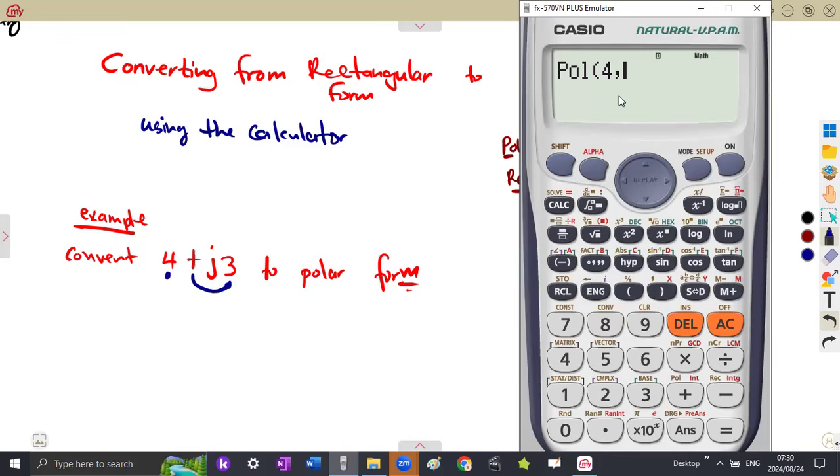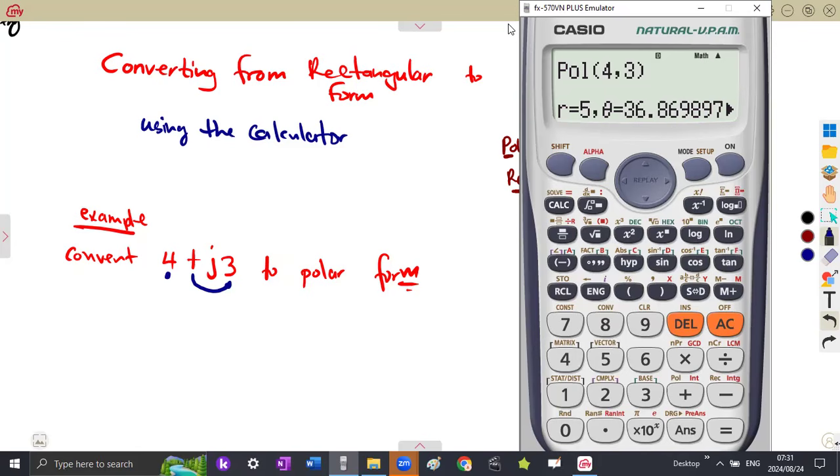To separate the values, you do not use the dot. You use the comma on the bracket, the closing bracket, so it's Shift, then you press that. Now you press the 3. It's positive, just write 3 as it is, close the bracket. By pressing equals, you obtain the answer in polar form.